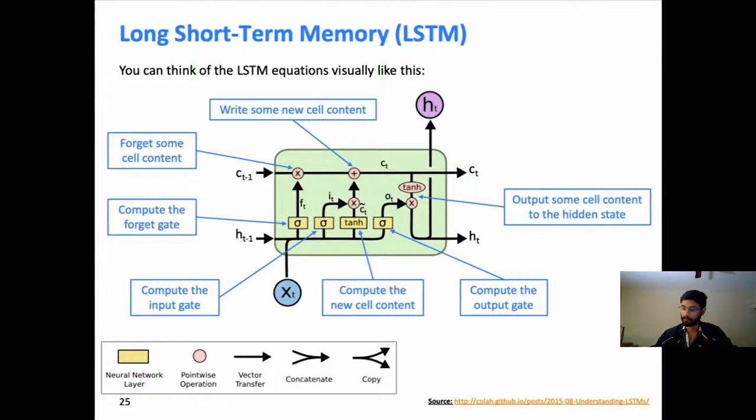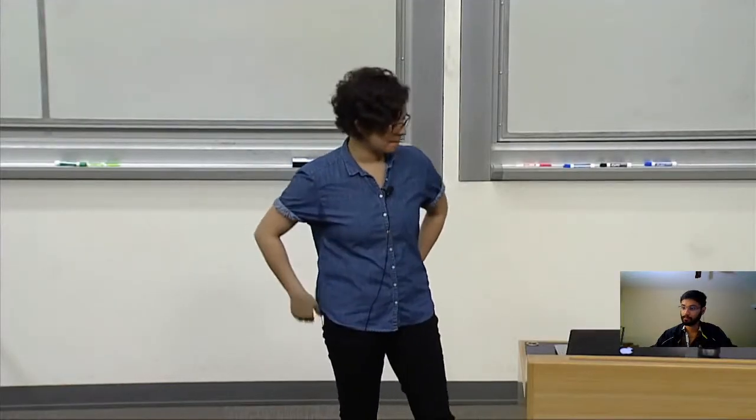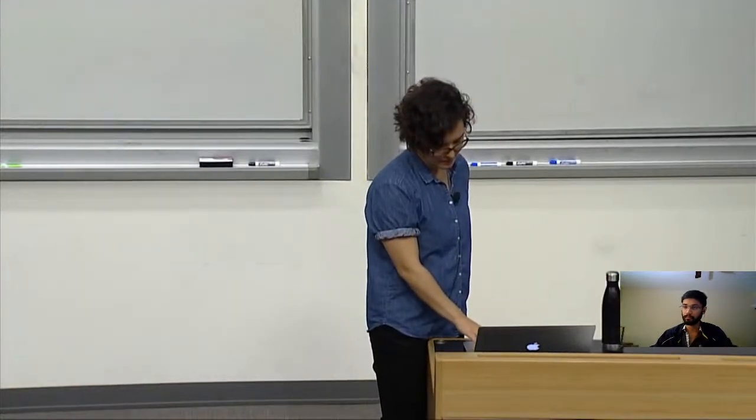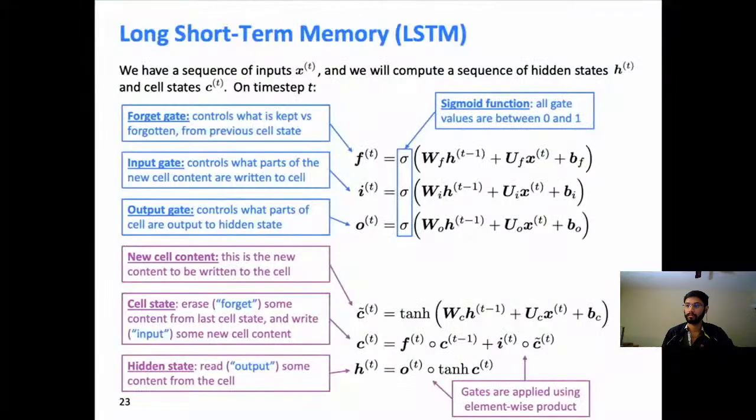Is that a question? What's the importance of applying a second layer of nonlinearity with the final H if we're already in the computation of various... The question is, why are we applying a tanh? On the very last equation on this slide, why are we applying a tanh to the cell before applying the output gate? Let's see.